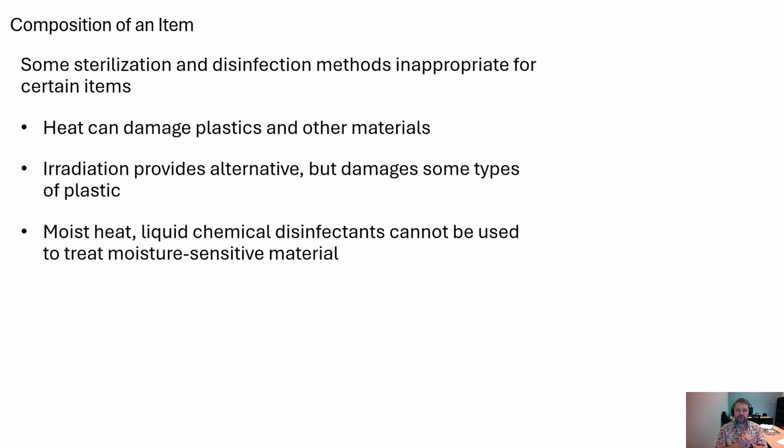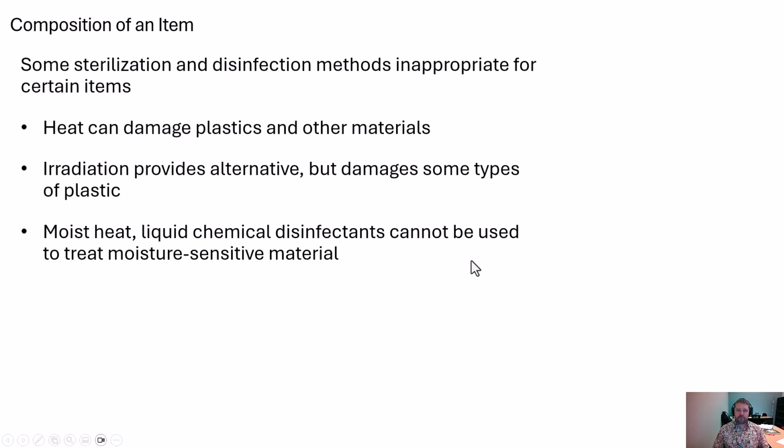There are other plastics or materials that even using radiation can't be done. So like using gamma rays or UV radiation might tend to break down or damage that material, and so even that can't be used.